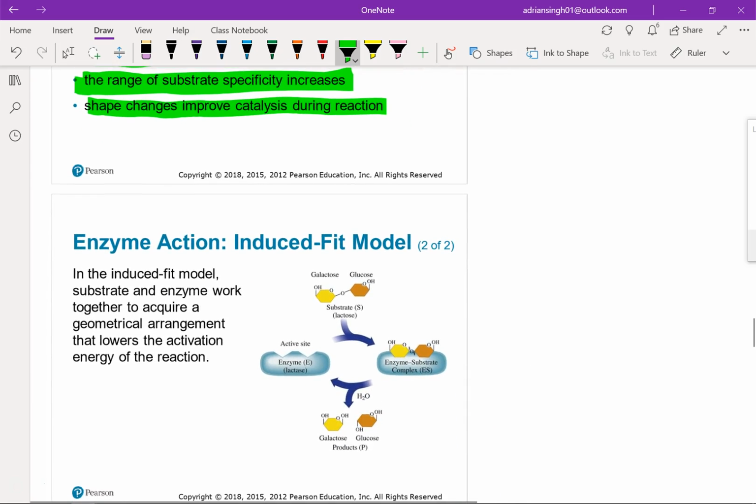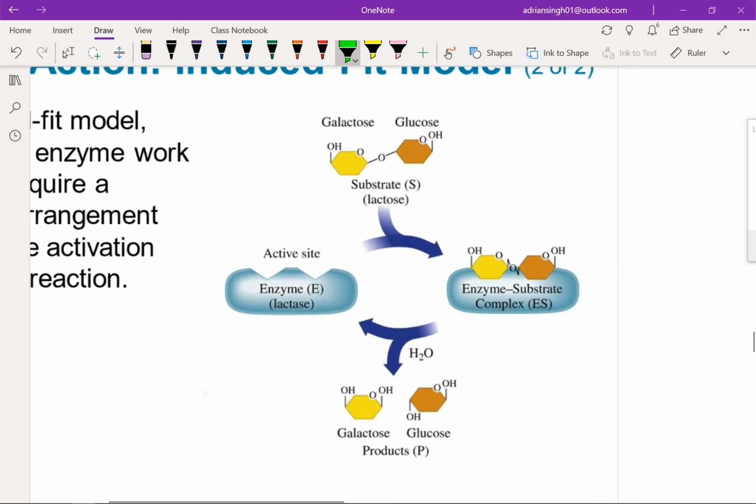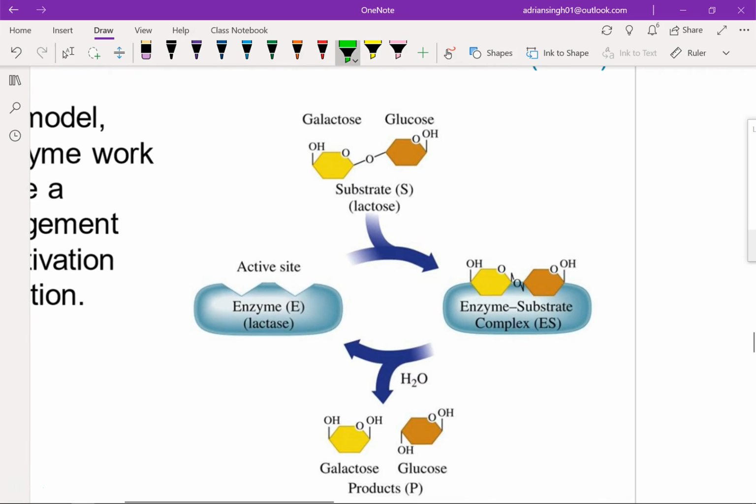All right, so if you take a look here, this is maybe a better diagram of this process. So this is the lactase lactose example. There's our enzyme lactase over here, and then you can see the active site has a shape that mirrors a triangle, but the shape of the substrate, the lactose itself, is not exactly complementary to the shape of the active site.